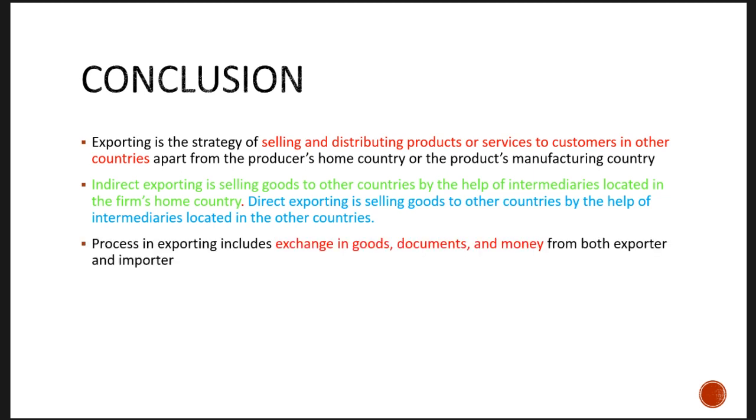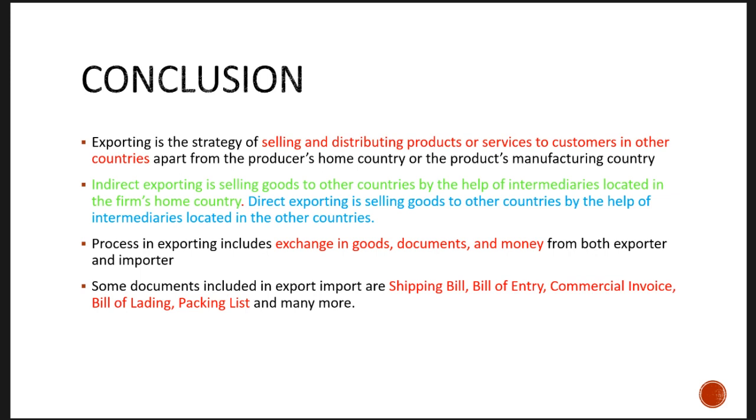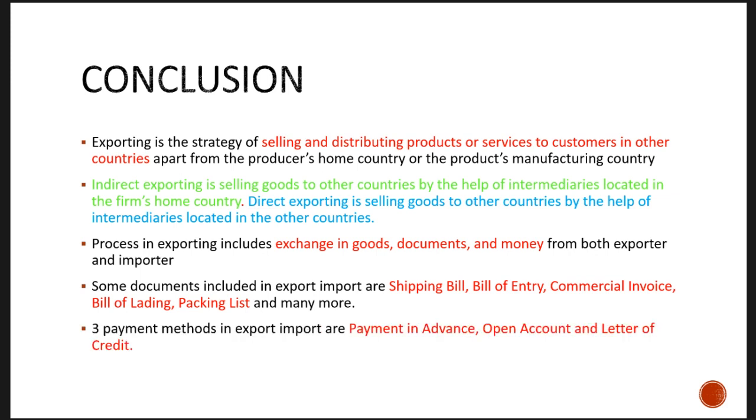We have looked at the process in exporting that includes the exchange of goods, documents, and money, and some of the documents included in the export-import. And also, we have looked at the three payment methods in export-import, which are payment in advance, open account, and letter of credit.